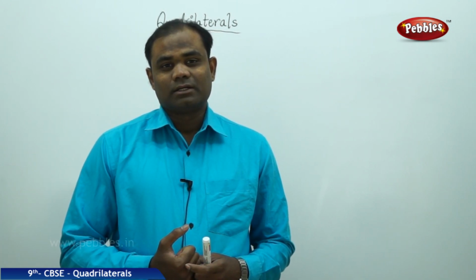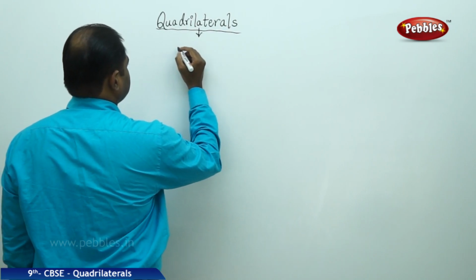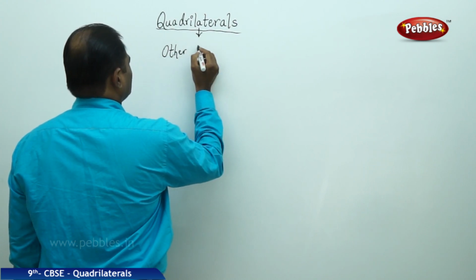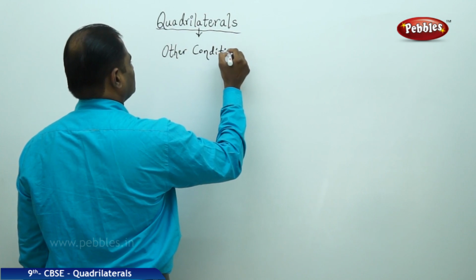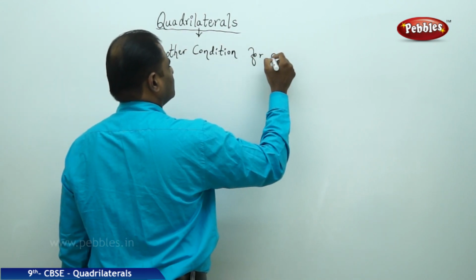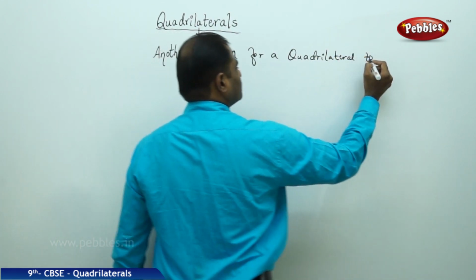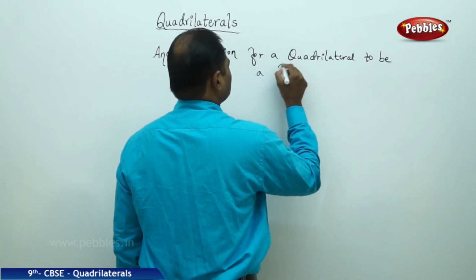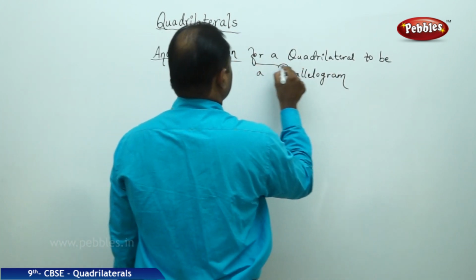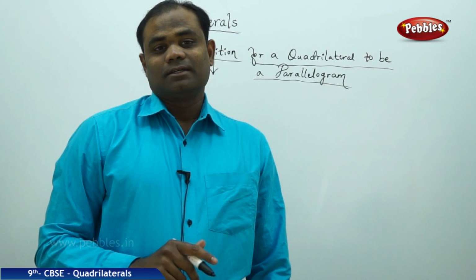So these are related to the property, another condition for a quadrilateral to be a parallelogram. So let's see the other condition.